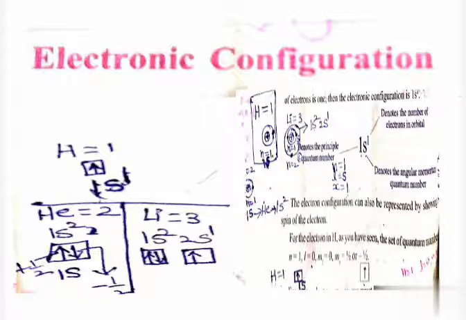In that N equals 1, how many subshells are there? Only one subshell. What is that subshell name? S. That subshell name is S.